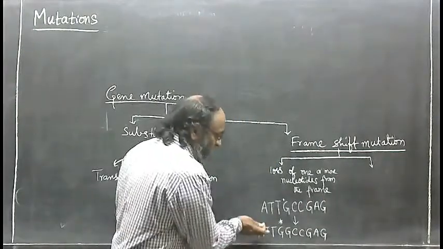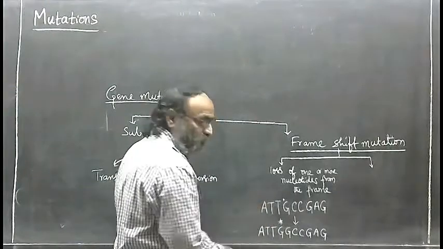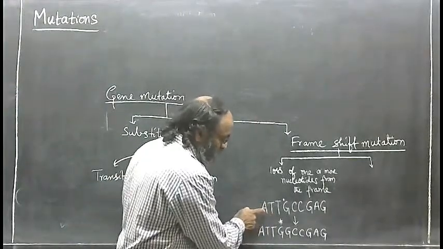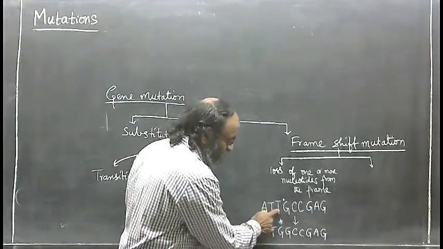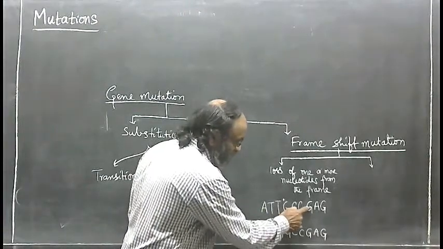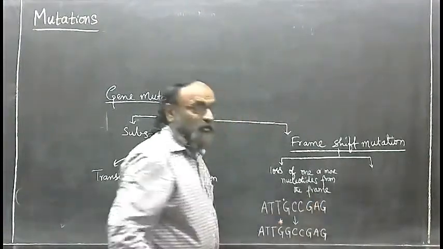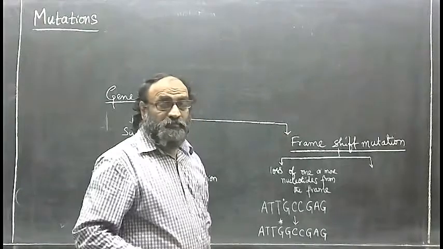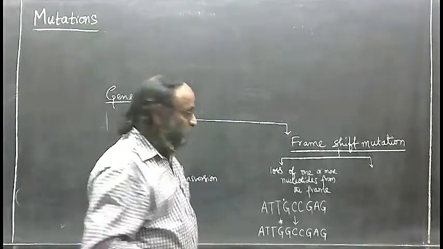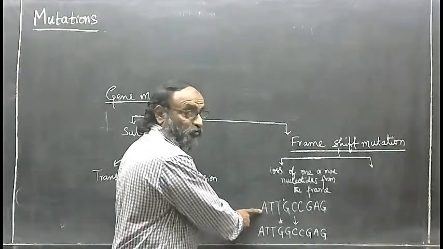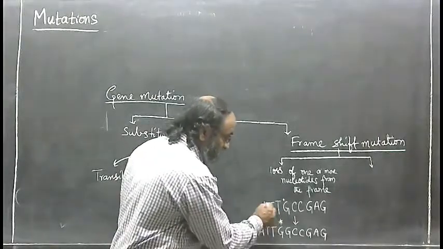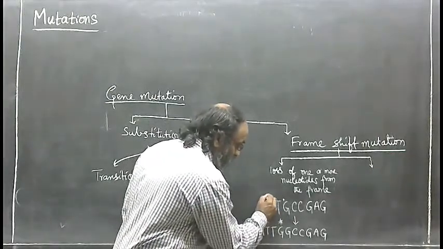Earlier, that is before mutation, there are 1, 2, 3, 4, 5, 6, 7, 8, 9 nucleotides, with 3 codons.